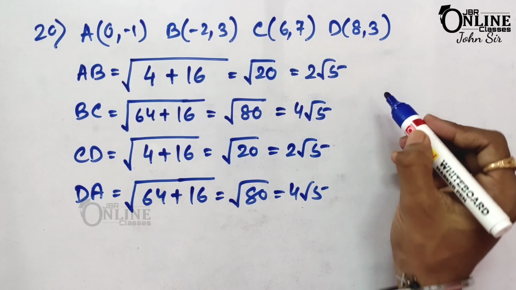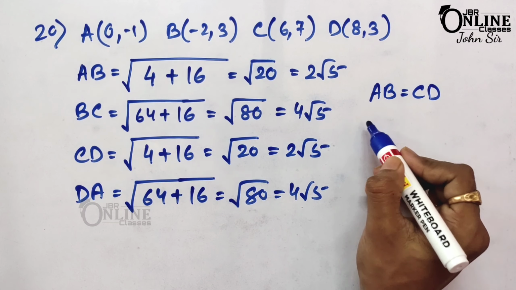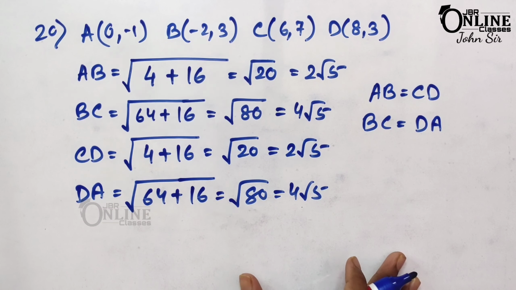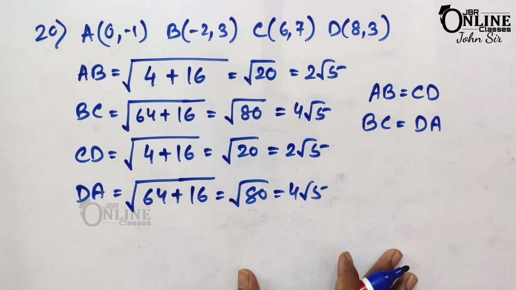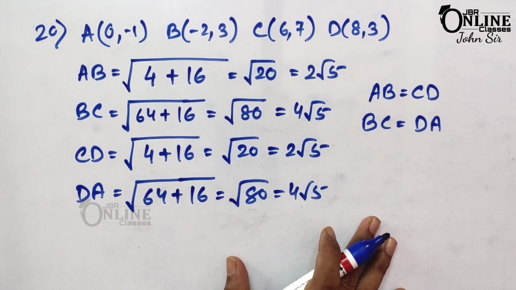So that means here AB equals CD, and BC equals DA. Now always remember that in a rectangle the opposite sides are equal, but in a parallelogram also the opposite sides are equal.